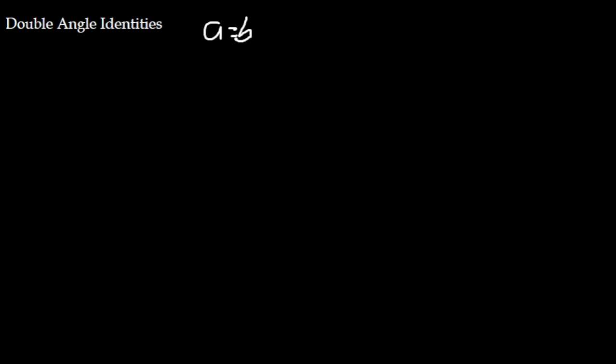Now, let us derive the double angle identity for tangent. Now, let's write tangent of, since A is equal to B ulit, we can just write it as A plus A or B plus B, since equal naman sila sa each other.